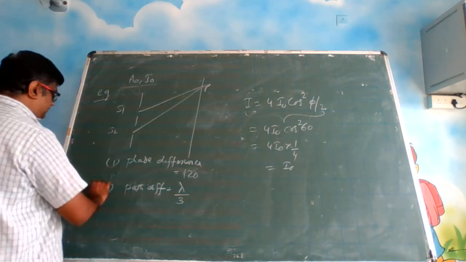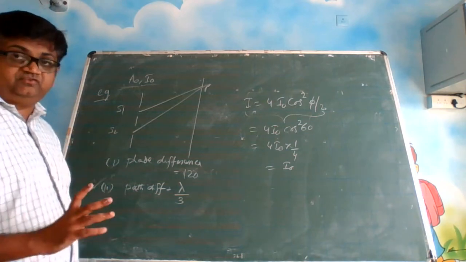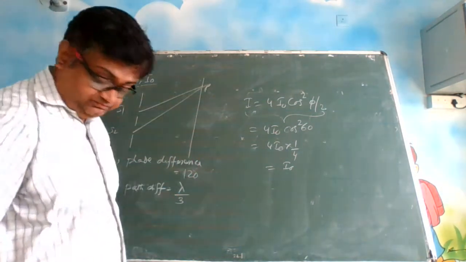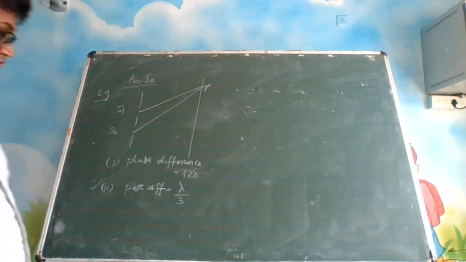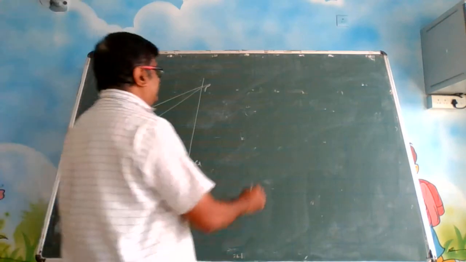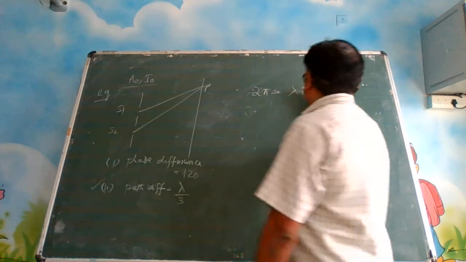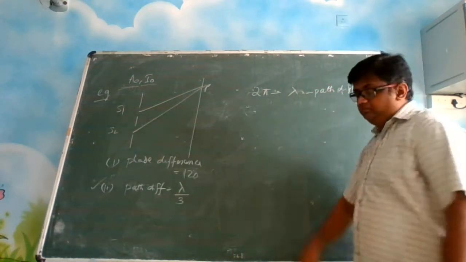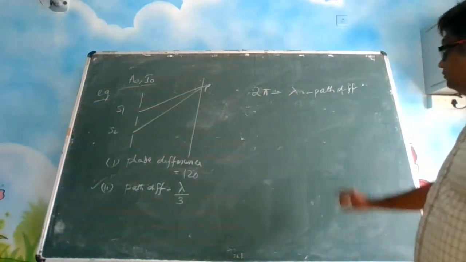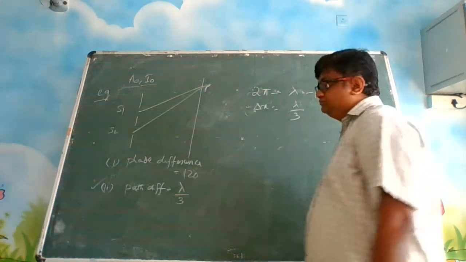In the second part, he has given you the path difference. Now, can this path difference be converted into phase? Just note down this. We have discussed that 2 pi radians corresponds to lambda path difference. Many times we have discussed this point. So if the path difference is lambda by 3, what will be the phase difference?